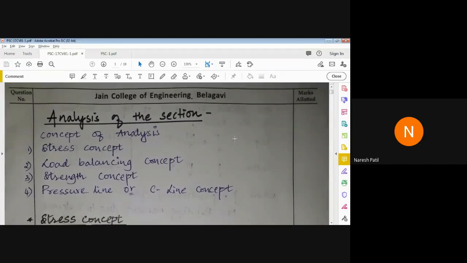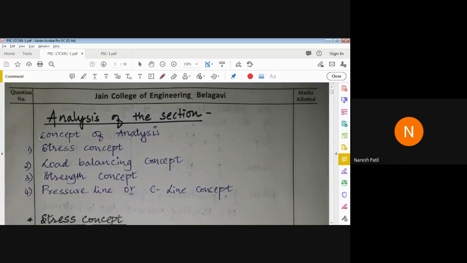Member force is nothing but getting the bending moment, shear force, deflection, or the tensile force, compression force, or stress. Stress is also nothing but the force developed in the section or in the member. So that is nothing but analysis. Here we have analysis of pre-stressed beams, or analysis of the sections.